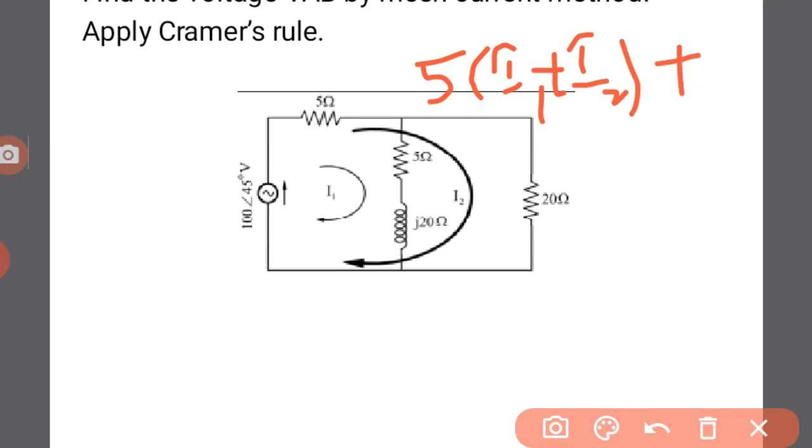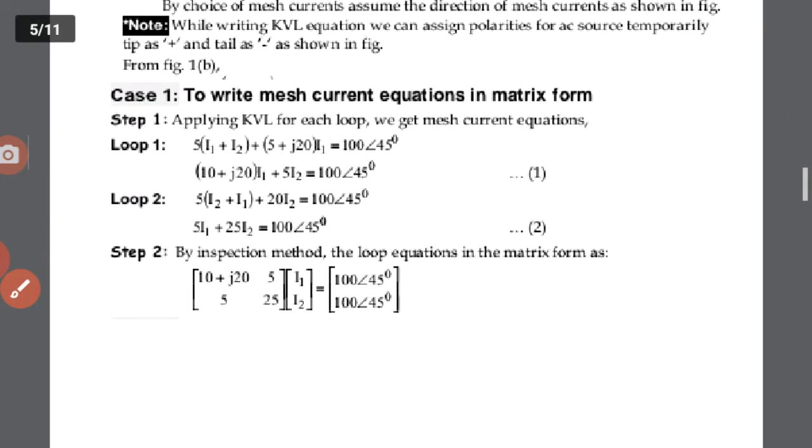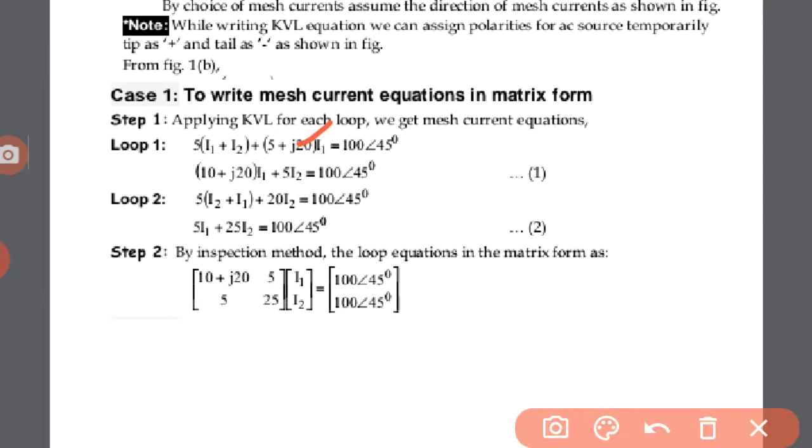Plus the first loop, again the 5 ohm resistor and j20 ohm: (5 plus j20) into I1 is equal to the voltage 100 angle 45 degrees. This is our first equation: 5 into (I1 plus I2) plus (5 plus j20) into I1 is equal to 100 angle 45 degrees. Simplify in terms of I1 and I2, that is equation 1.